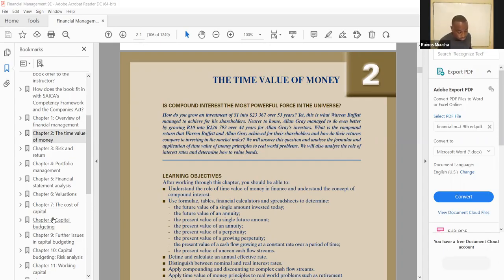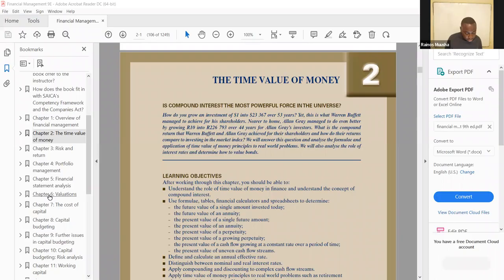Because if you look at these chapters, chapter 2, chapter 3, chapter 4, chapter 5, and part of chapter 6 as well, you would have been expected to have done this in Fin4801 if you're studying with UNISA. So you would be expected that these ones, you should be knowing them because you have encountered them when you're doing Fin4801.